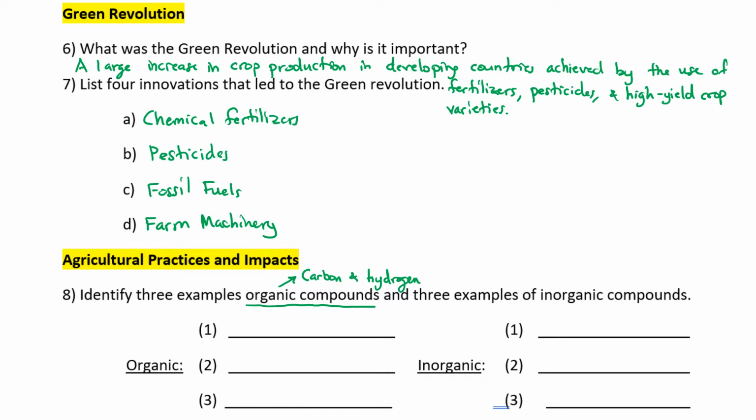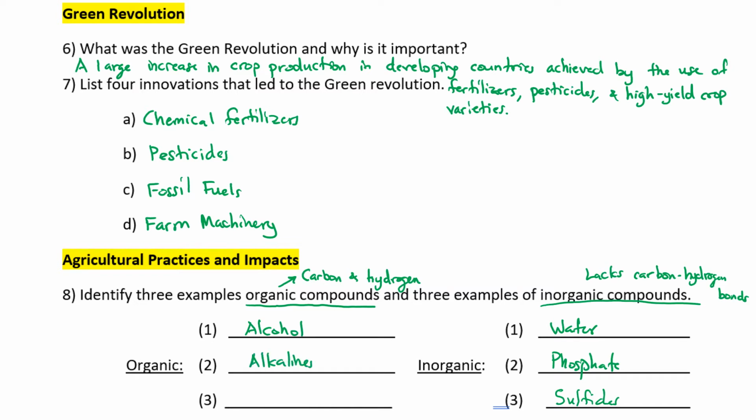So, inorganic lacks carbon-hydrogen bonds. So we have water, phosphate, and then sulfides. Examples of the organic would be alcohol, alkanes, and then proteins.